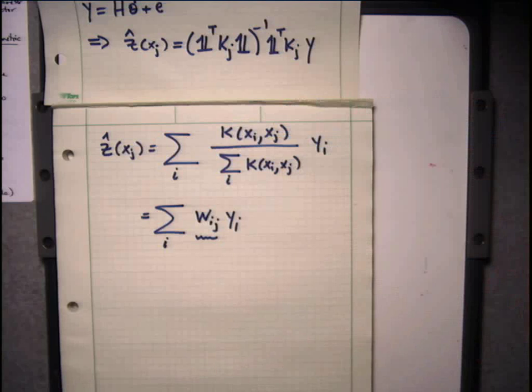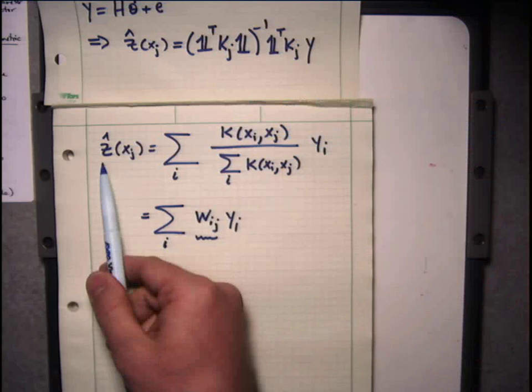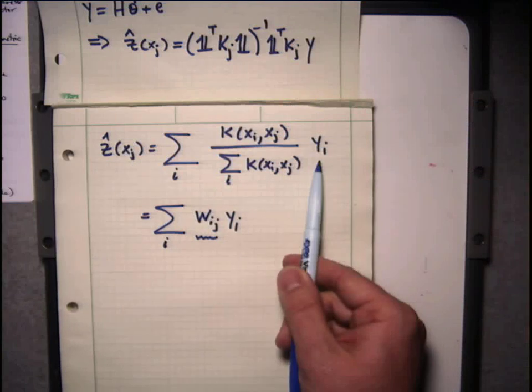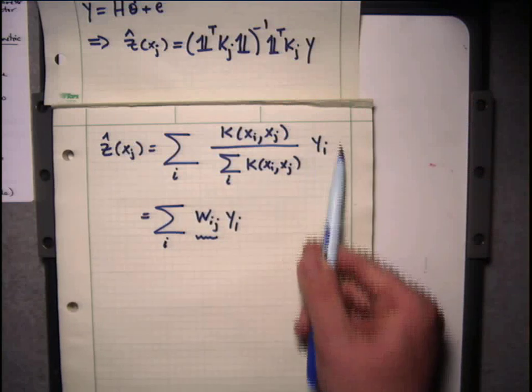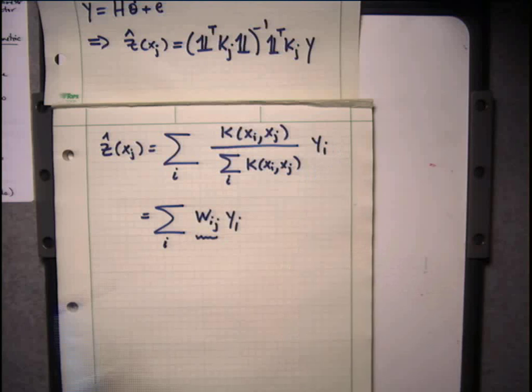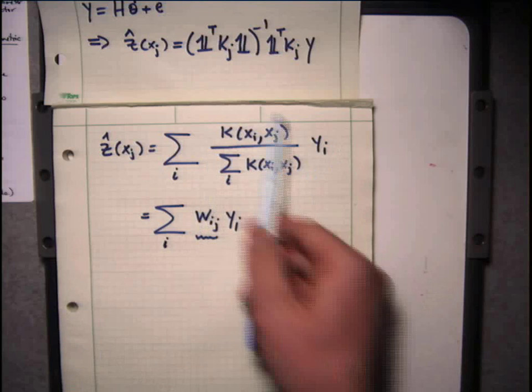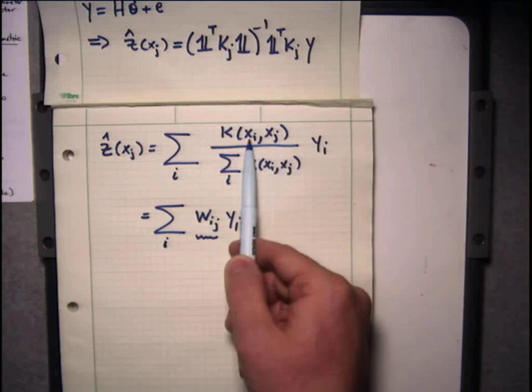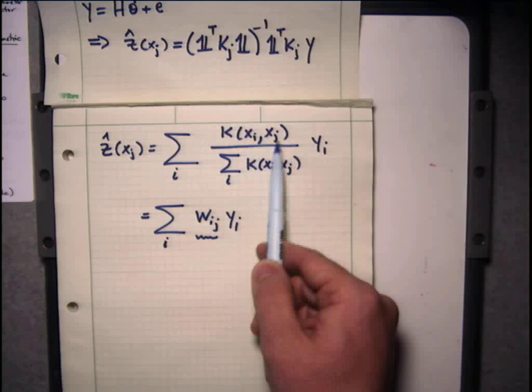So what's happened is the estimate at xj is still a linear combination of the values of y, except that the different terms now don't have a weight of 1 over n in front of them. They have a weight in front of them which is proportional to how far away the data sample at xi is from the position that you're interested in, which is xj. Does this make sense?